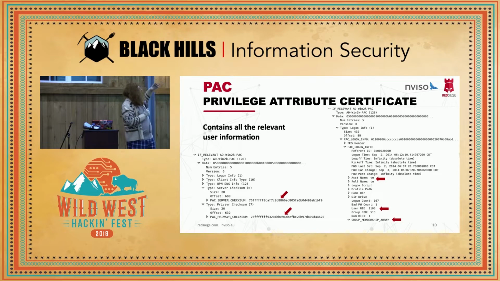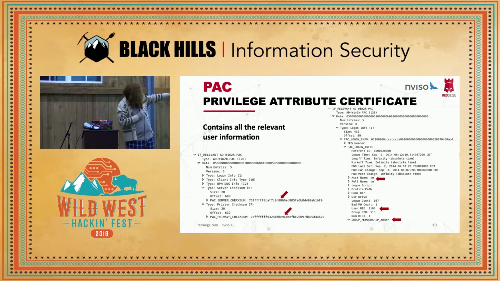So the PAC has all sorts of information about me as the client. We can see things like, look on the right side first. I actually have it switched around. But on the right, we can see my username. And the server, the target service, can make a decision. Hey, do I expect Tim to have access? Is there an account in my web server that says, look, Tim has this level of access?